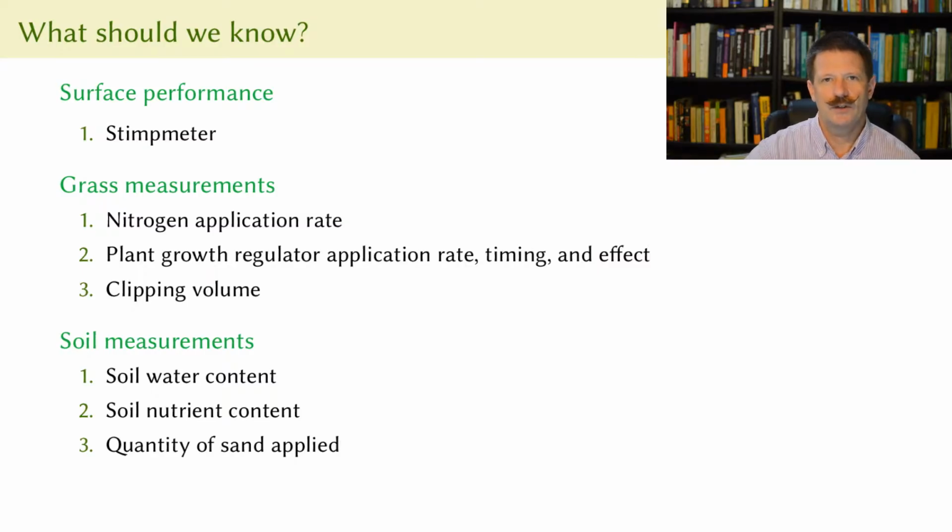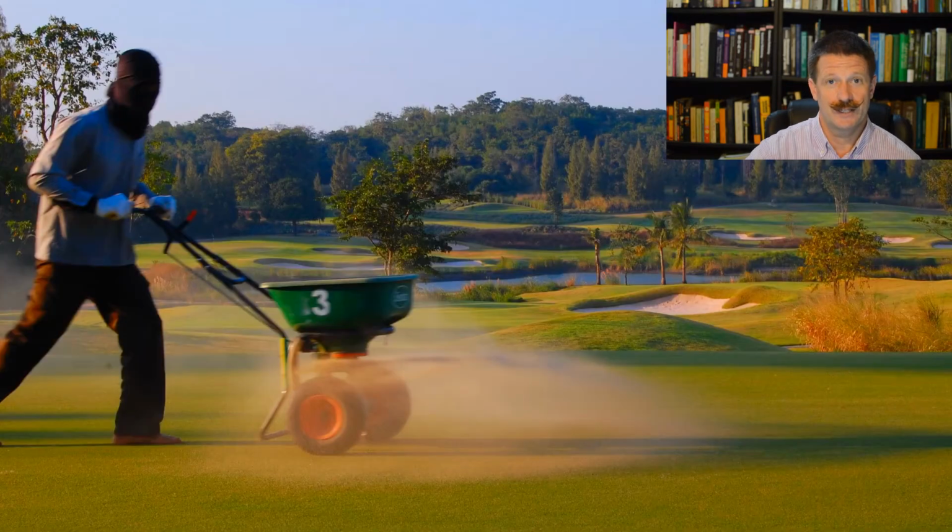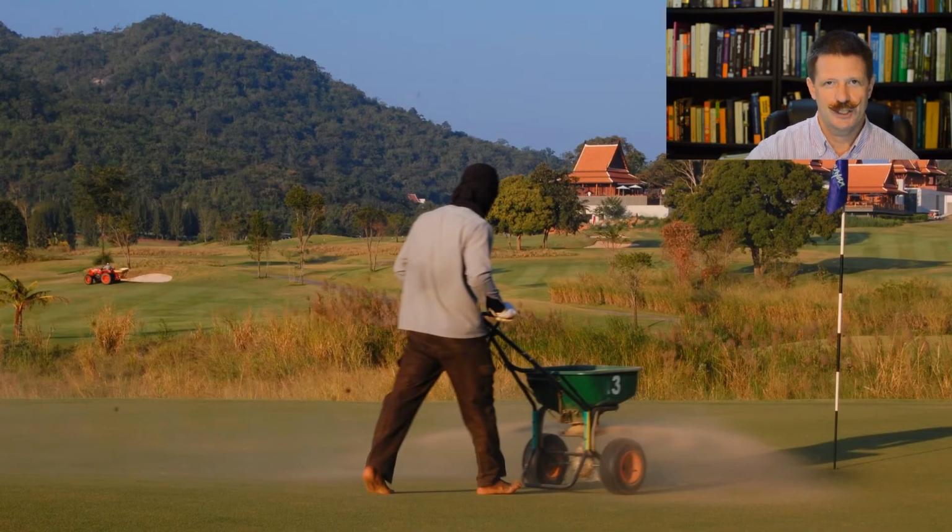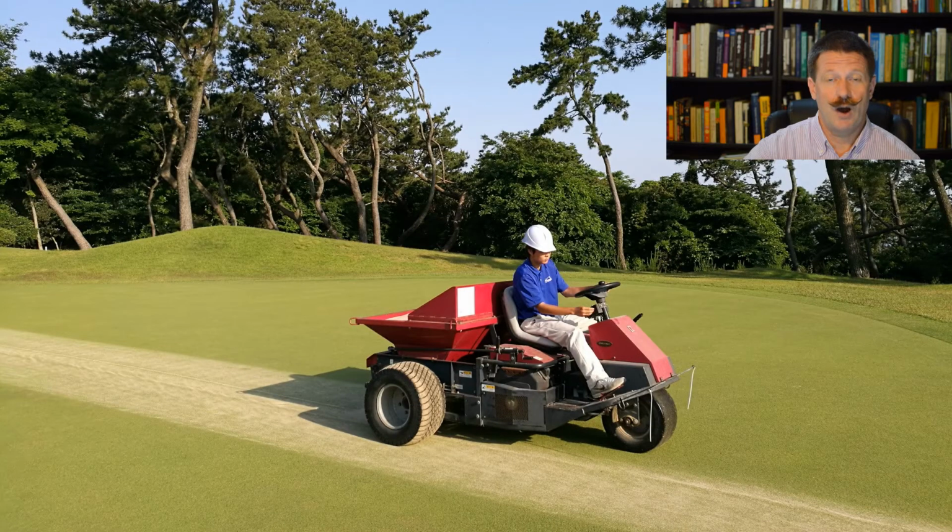Additionally, I want to know the quantity of sand applied to the soil. This is something that is disruptive, it's costly, and if you can minimize it and get it just right, you're able to optimize the playing conditions just the way that you want them to be. When we do top dressing sand applications, I would like to know how much sand has been applied as a volume per area of the turf surface.